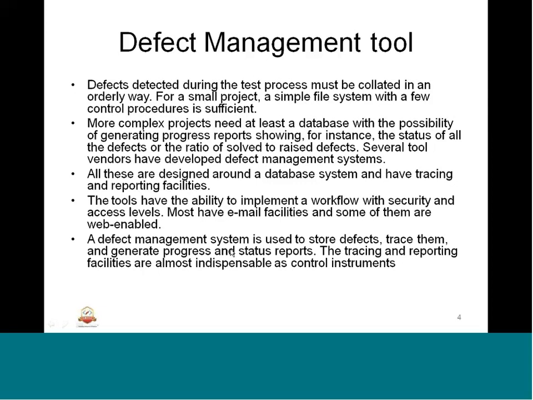The defect management system is used to store defects, trace them, and generate progress and status reports. The tracing and reporting facilities are almost indispensable as control instruments. A very important aspect of defect management.